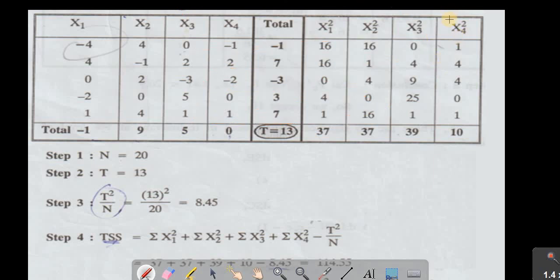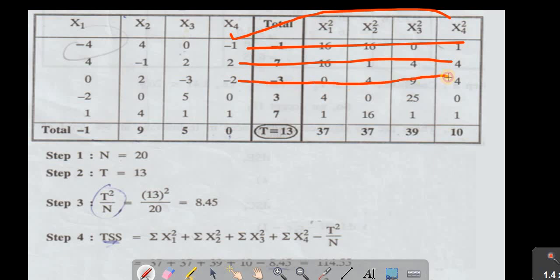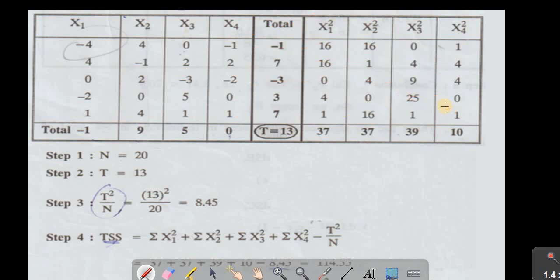Now the last column comes from squaring this fourth column: 1 squared is 1, 2 squared is 4, 2 squared is 4, 0 squared is 0, 1 squared is 1. So this is how we get the last column.